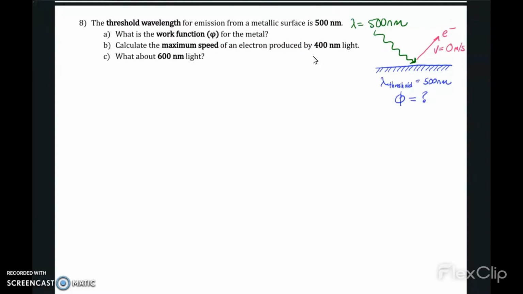Now, if you go back to that video, you will note that I showed a relationship between the three colors that I have in this diagram here. Basically, the light coming in has some energy. The electrons being ejected from the surface of the metal can have some kinetic energy if they're moving with some velocity. And the metal itself has this binding energy, this work function, which is the energy that's required to eject an electron.